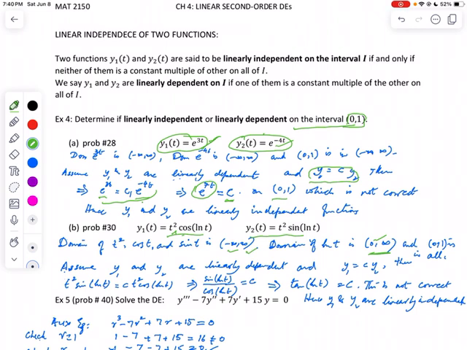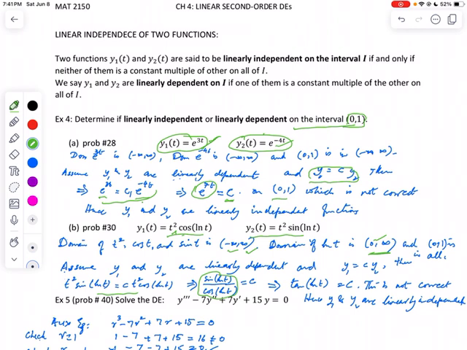Now we again assume the contradiction. We assume that y1 and y2 are linearly dependent, so one is a constant multiple of the other. So we can write the function and we get this result. Now we want to divide by the quantity on the right, leaving the c alone, so we divide by t square cosine of ln t. The right side becomes c, and the left side gives us this conclusion.